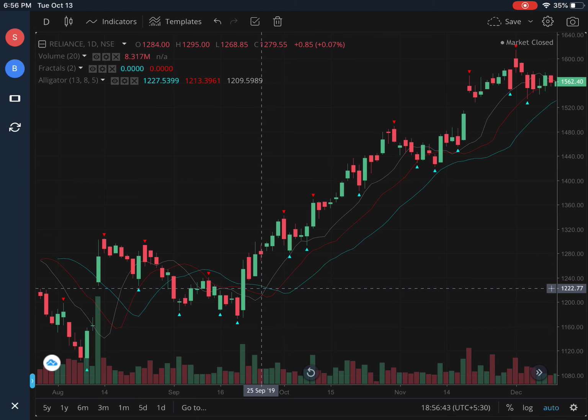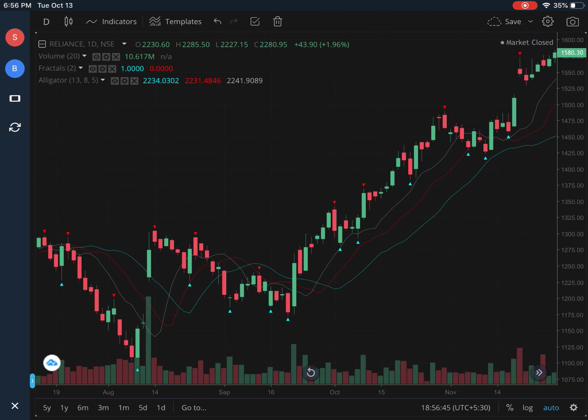Now you can see in this example, at this position, on 20th September 19, the price closed above. The price of Reliance was at 1225, and it was above all the three lines of the alligator.